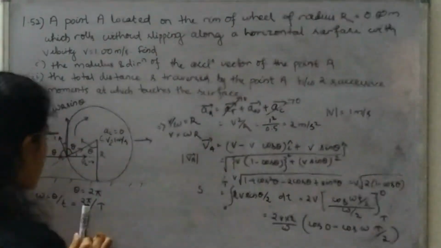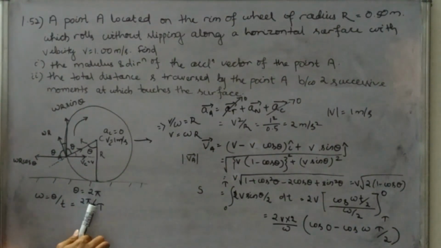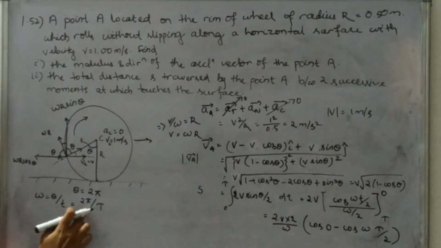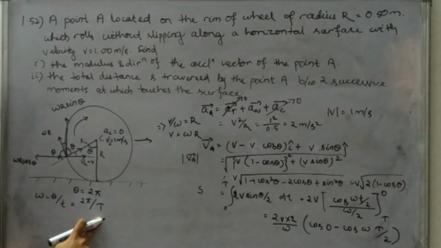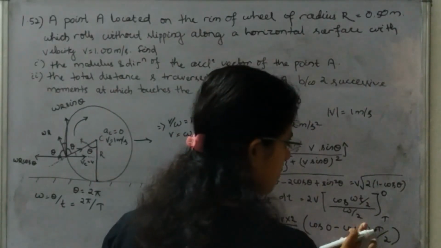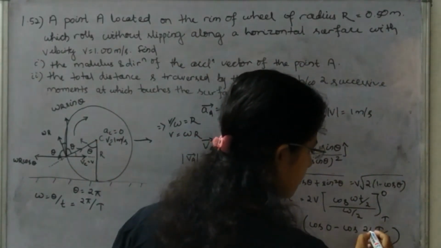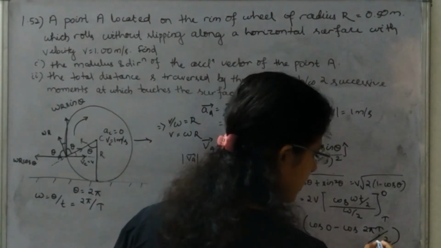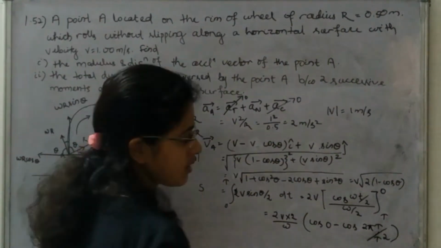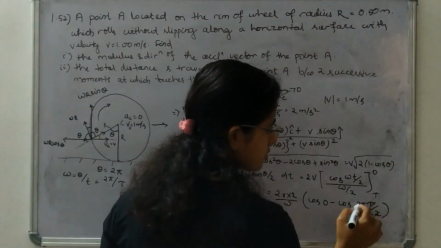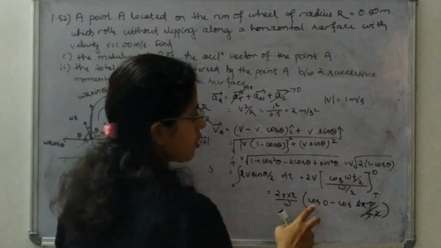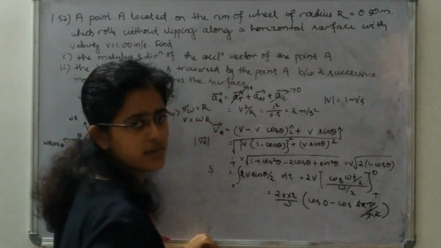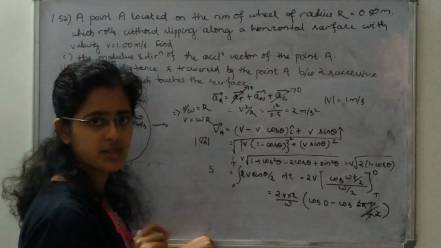In place of omega, I can put how much? 2 pi divided by T, because for one complete rotation, the omega value is 2 pi divided by capital T. So in place of omega, I am putting 2 pi divided by capital T. So T cancels out, 2 cancels out. Cos 0 minus cos pi. Cos pi value is how much? Minus 1.